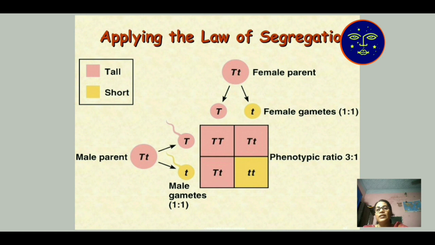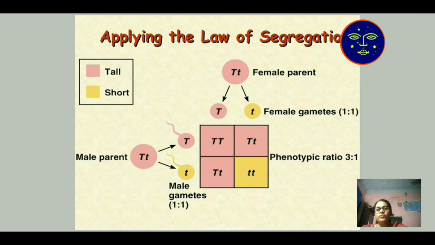But according to the genotypic character, the ratio is 1:2:1. So the recessive characters are also seen here, but are not determined in the phenotypic ratio.